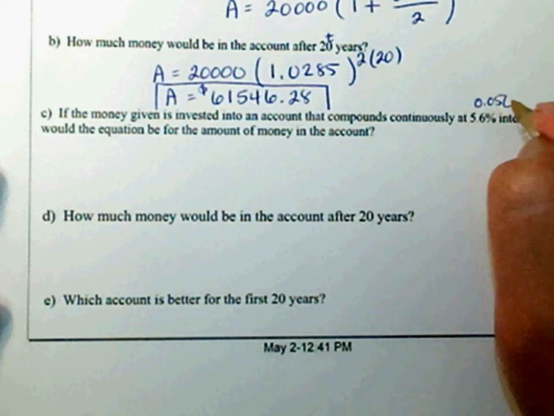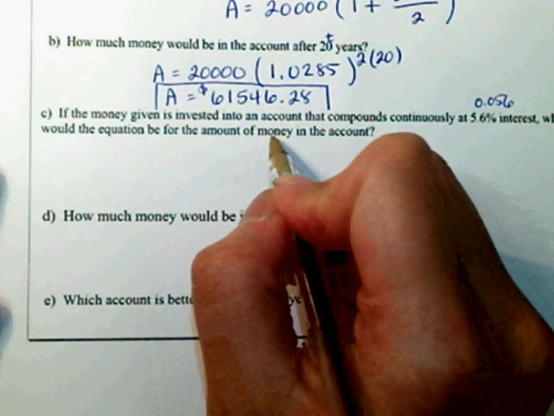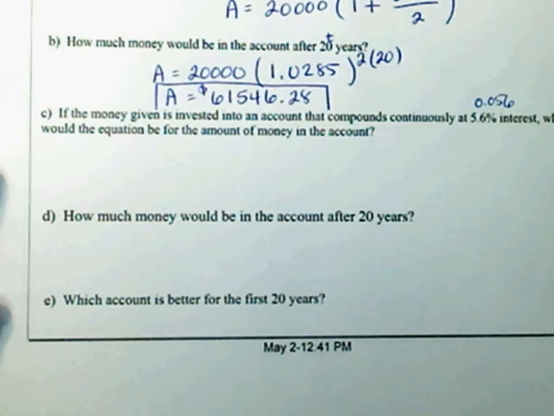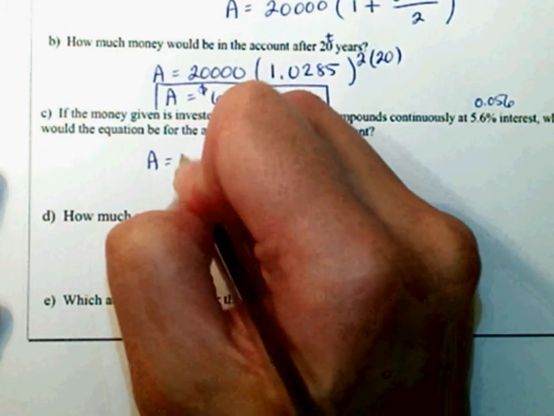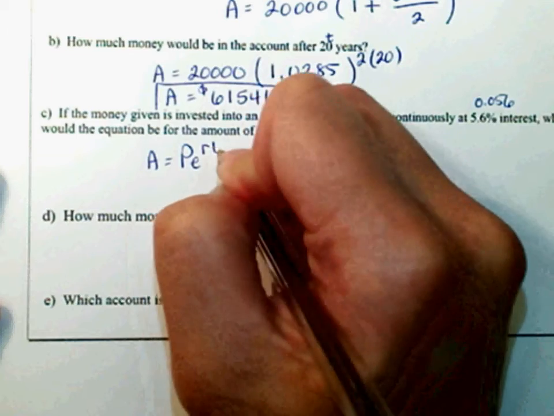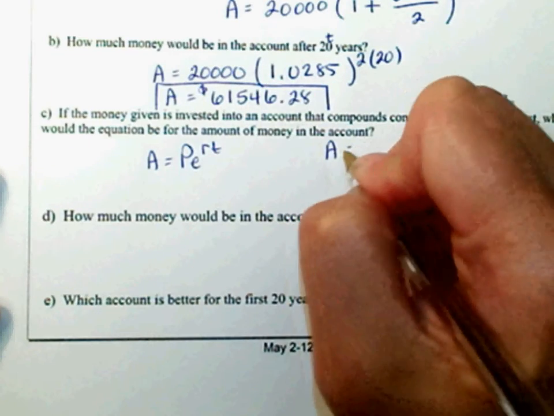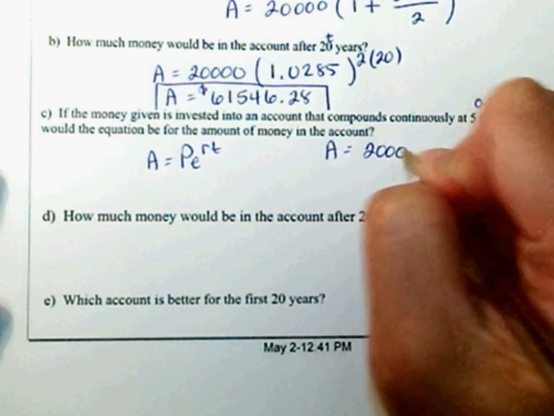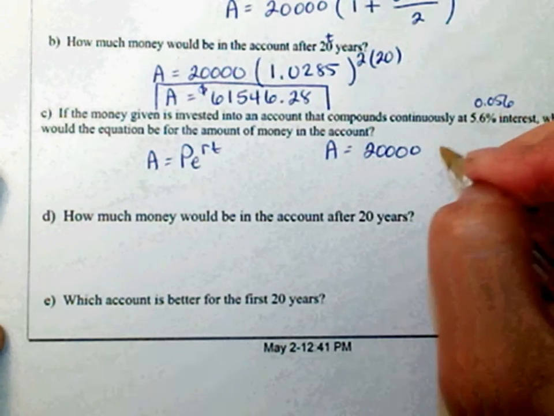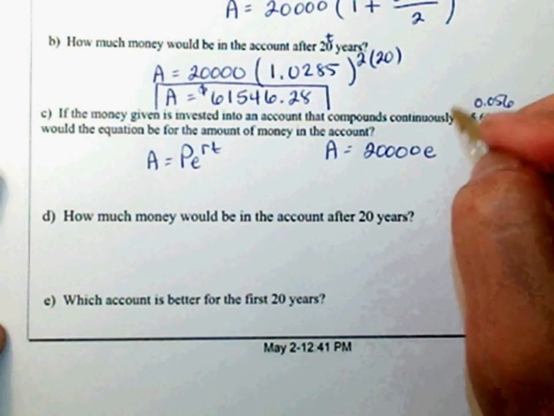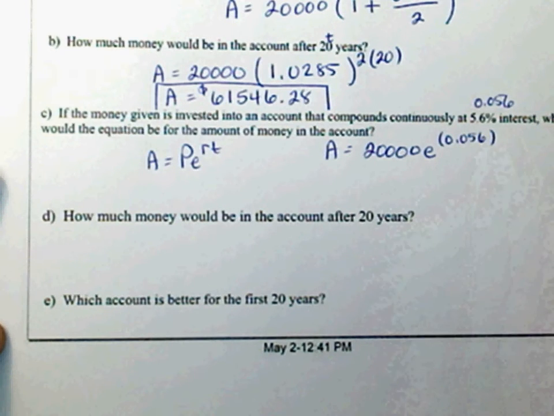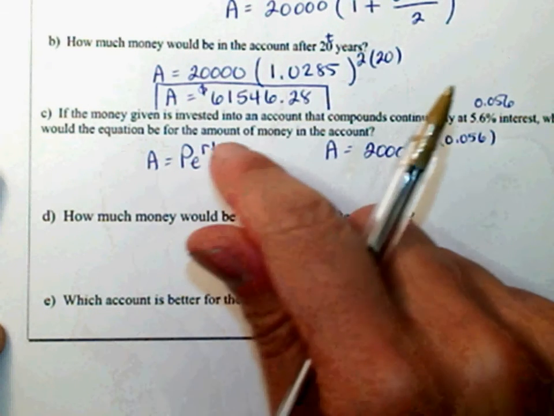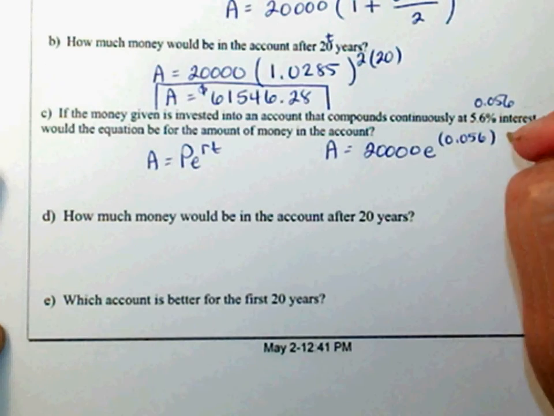What would be the equation for the amount of money in the account? So A is equal to P times E raised to the RT. So A is equal to your principal. What's your principal? 20,000. E raised to the rate of 0.056 times T. And we don't know what T is, okay?